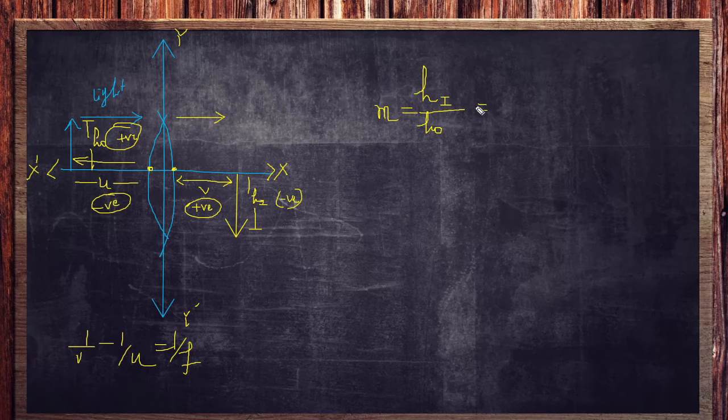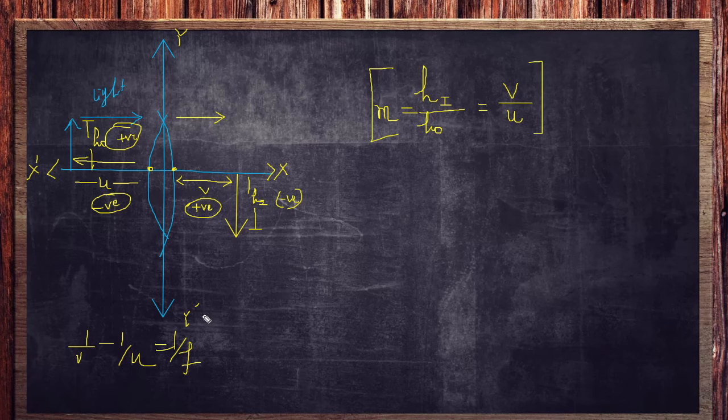The ratio of the height of the image to the height of the object is known as magnification. Using similarity, you will get hi by ho equal to v by u, where v is the image distance and u is the object distance. This is how you find the magnification.